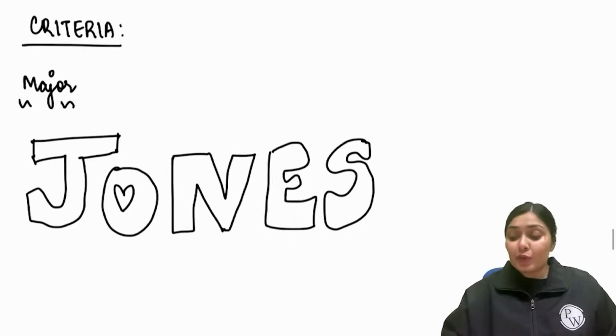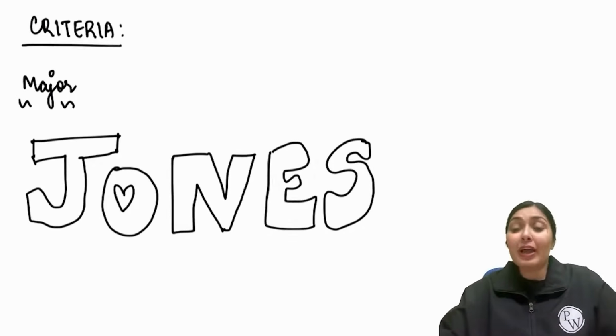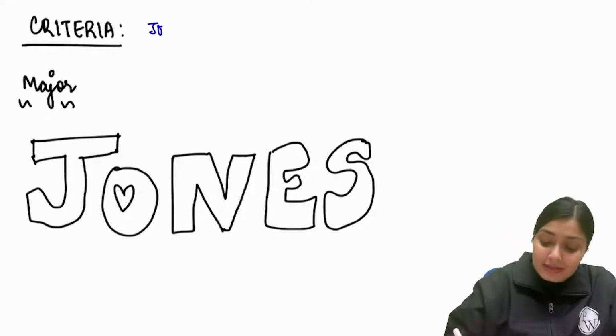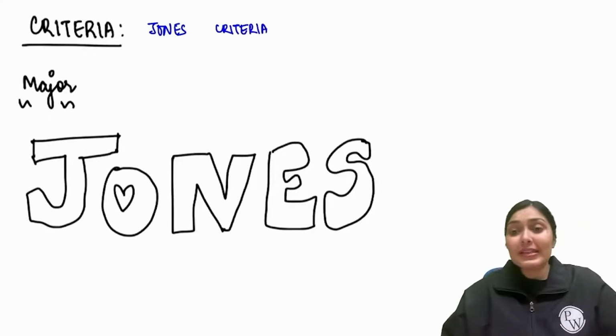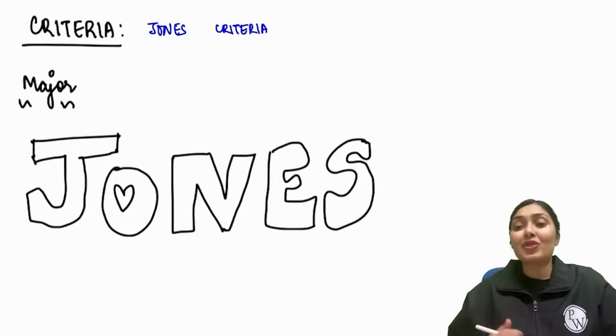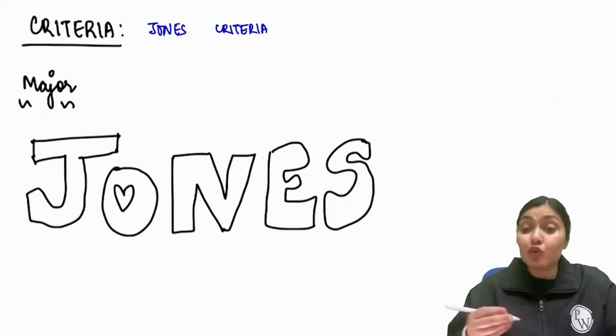To label the child as having acute rheumatic fever, we have one criteria. This is known as Jones criteria. Jones criteria again has minor criteria and major criteria. Firstly, let's talk about the major criteria. I have written Jones very dramatically. This is for you to remember the major criteria. J stands for joints.